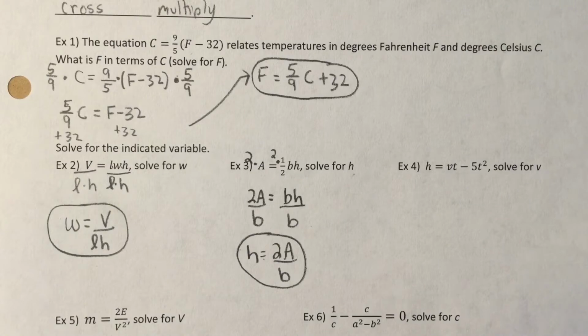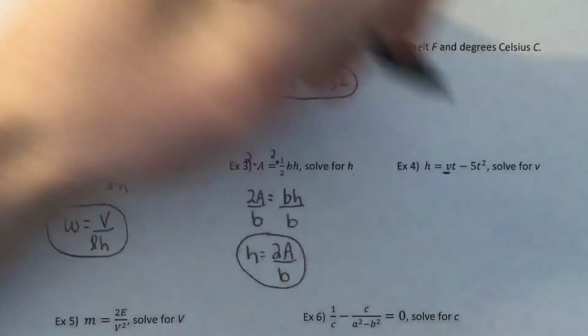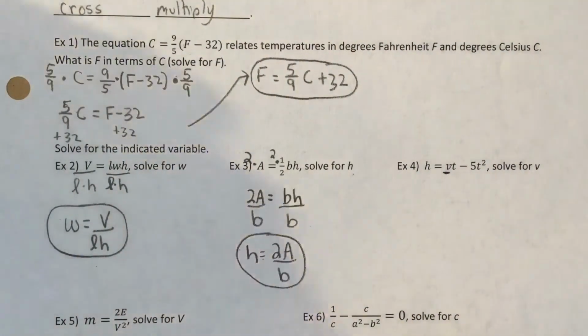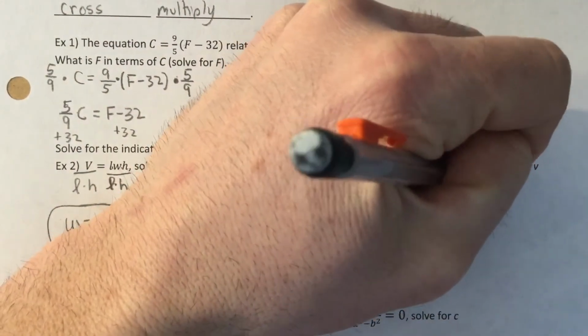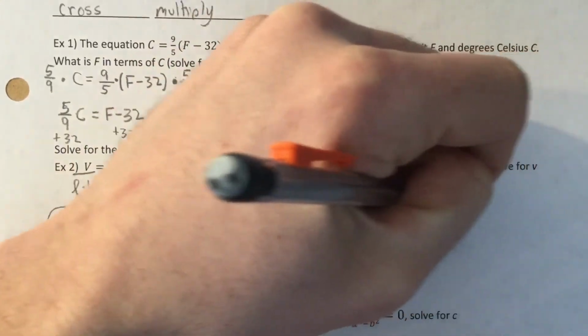Example 4, I'm trying to get the V by itself. So the V is right here. So I'm undoing anything added or subtracted to that V. So this negative 5t squared is being added, so I'm going to add 5t squared.